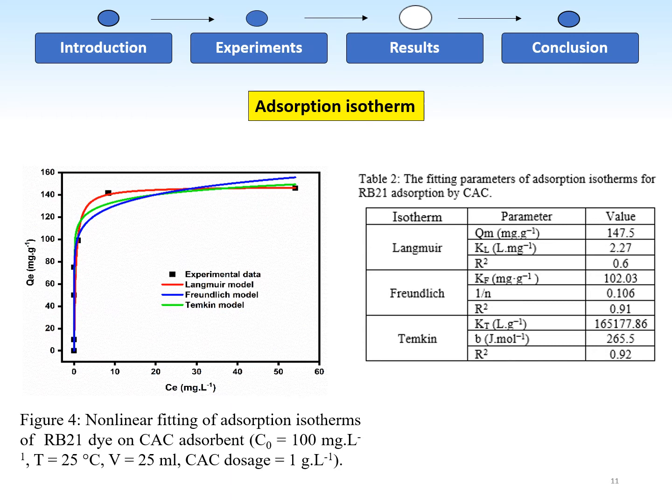In addition, the Temkin isotherm shows a strong affinity for the adsorption capacity of reactive Blue-21 on CAC, an indication of the decrease in heat of adsorption as the dye coverage of the CAC surface increases, and the fact that adsorption follows the Temkin isotherm.